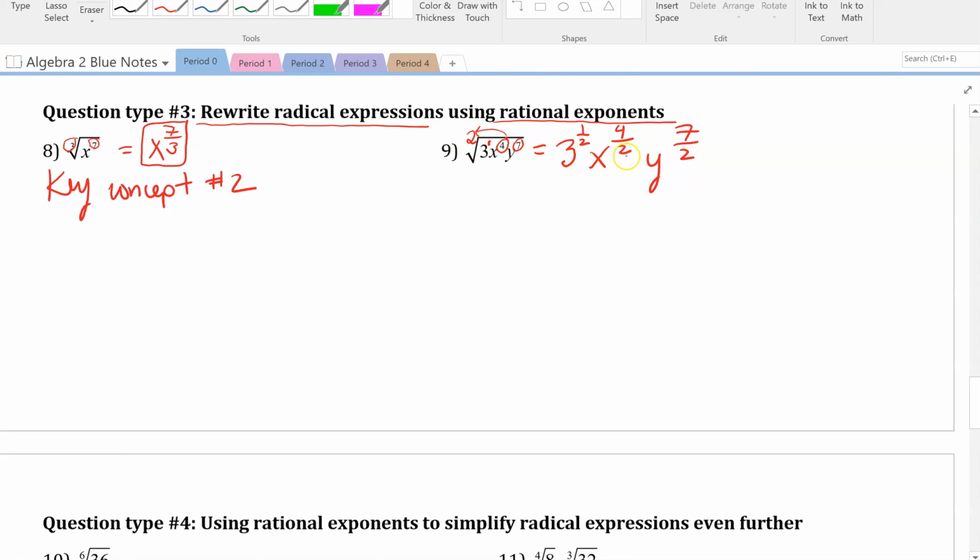And we know that when you have something in the numerator over something in a denominator, those two things are dividing. So we can simplify this down to 3 to the power of 1/2, x squared, right? 4 divided by 2 is 2, and then y to the power of 7/2. So that would be our answer for number 9.